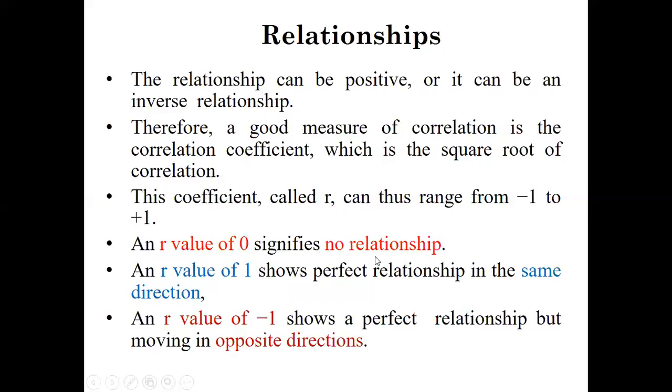When r is 1, there is a perfect relationship in the same direction. That means, as I told, if one variable value increases, the other variable value also increases. So that is a perfect relationship. Here r is -1, which shows a perfect relationship but moving in the opposite direction, a reverse or inverse direction.